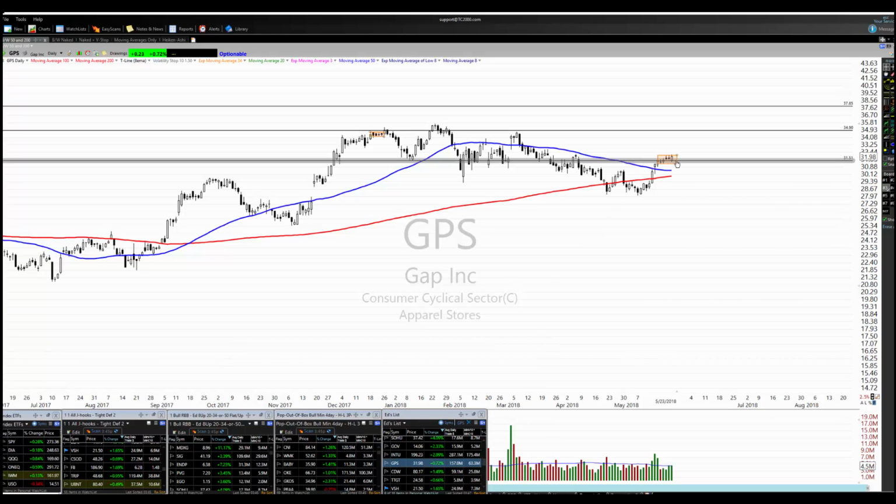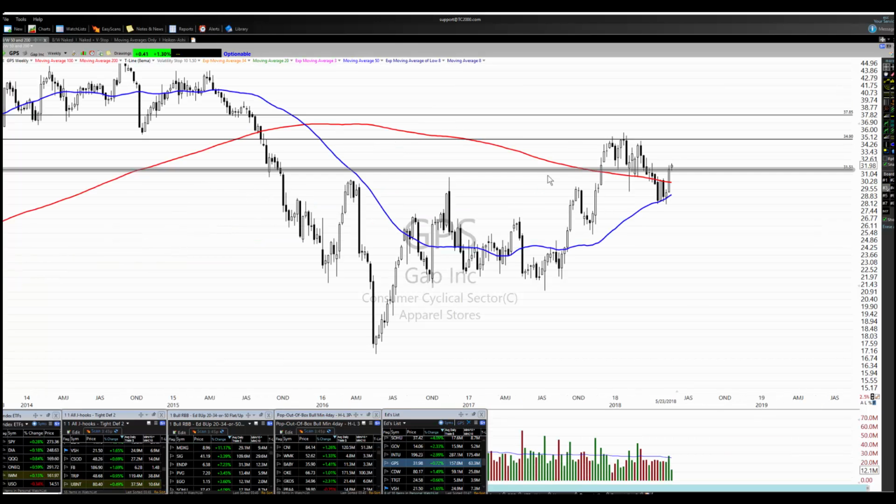GAP is one I've been looking at. Same story as the others. Nice run, consolidation. I would be looking for a breakout buy, with about 8.5% into the next resistance, and then about 17.5%, 18% into the second resistance above off of the weekly.